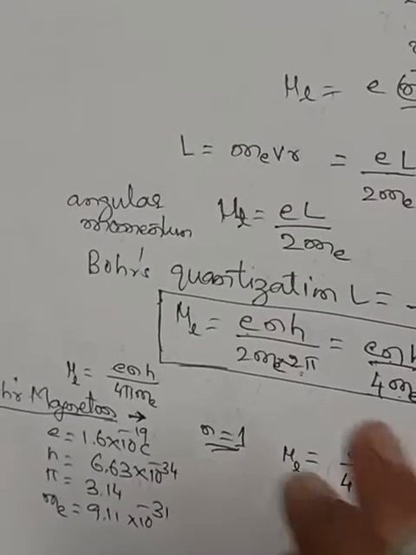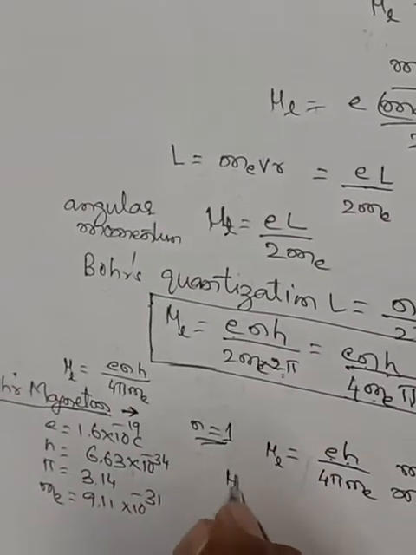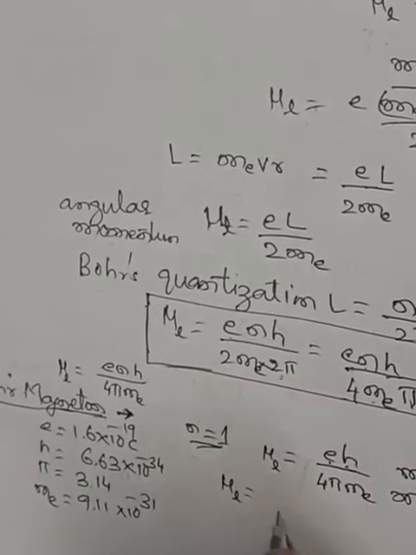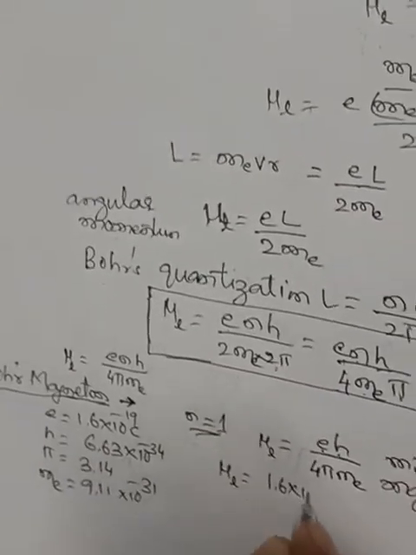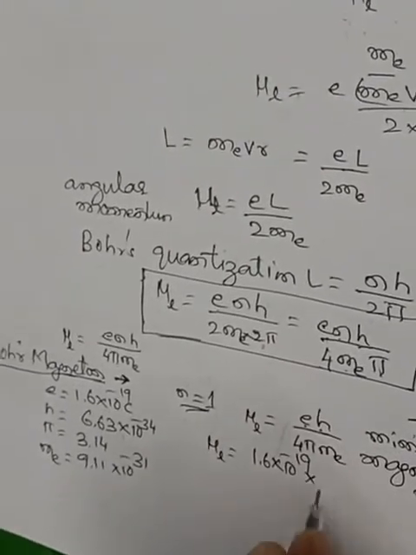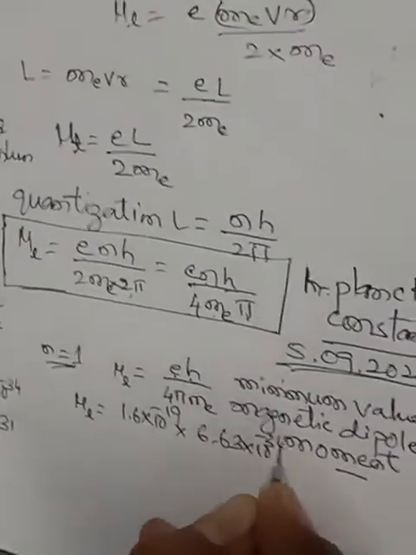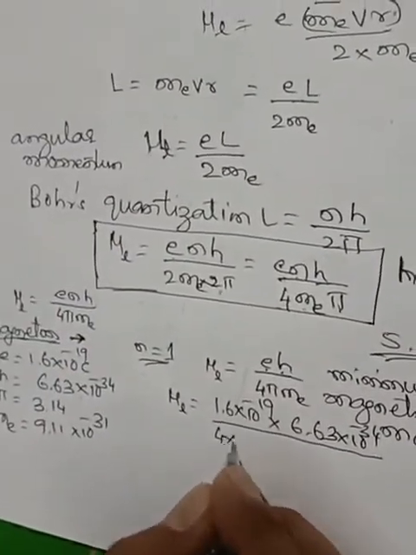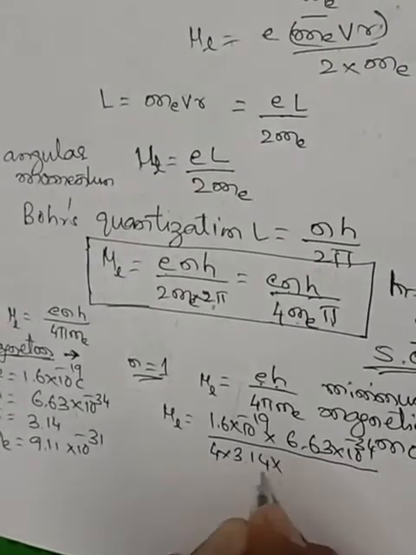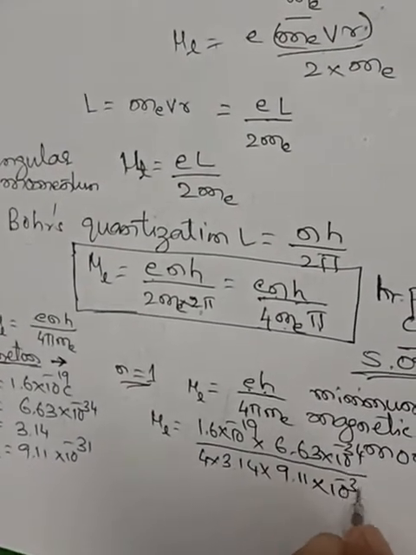So if you substitute all these constant values, mu L will become what? e is 1.6 into 10 to the power of minus 19, h is 6.63 into 10 to the power of minus 34, divided by 4 into 3.14 into me, which is 9.11 into 10 to the power of minus 31.